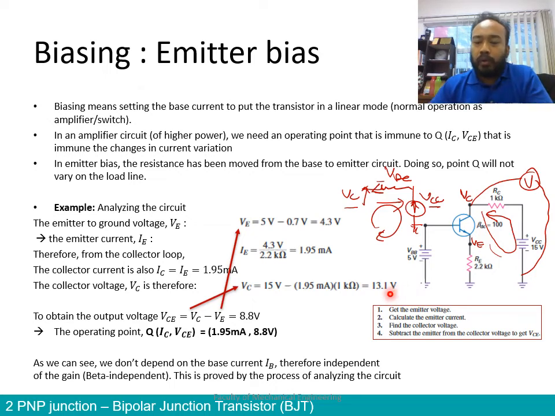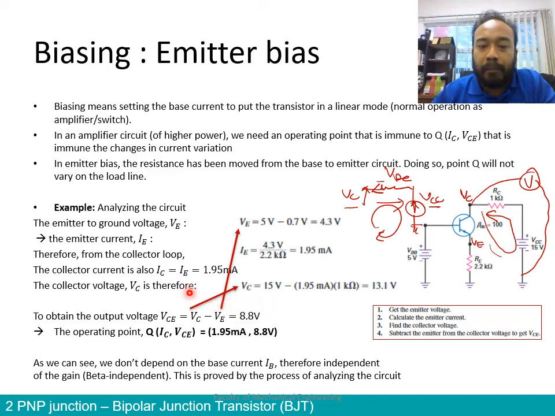As usual, what we want to have at the end is the output VCE. VCE is the voltage difference between VC and VE. So it's a comparison of different potentials between point C and point E. Therefore, if you take VC that was calculated previously, which is equal to 13.1 volts, and VE calculated here equal to 4.3, you'll get VCE equals 8.8 volts, right?